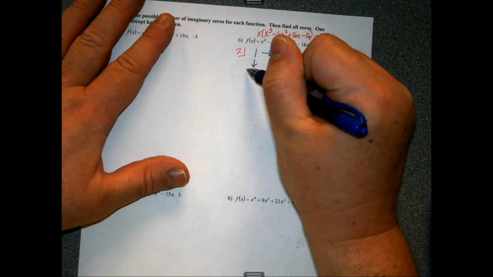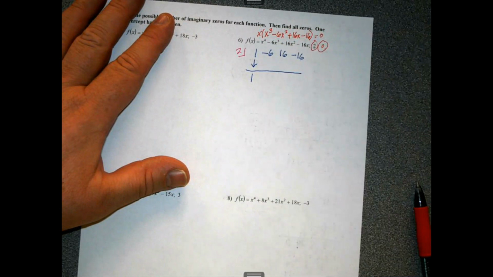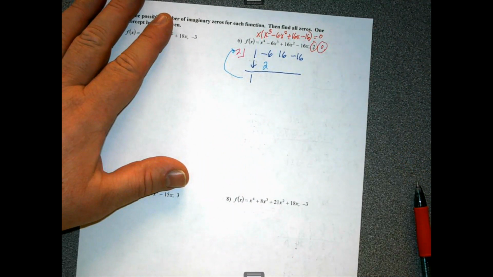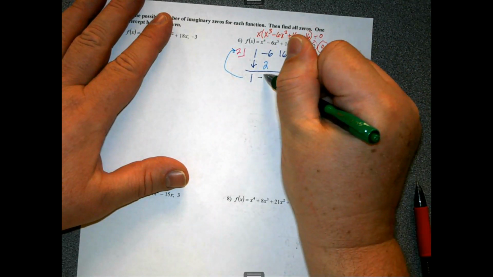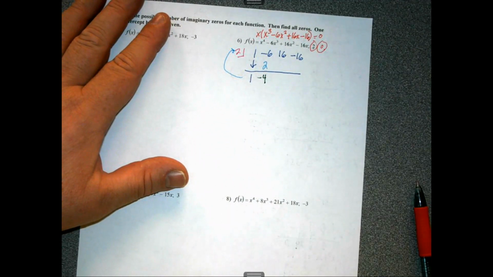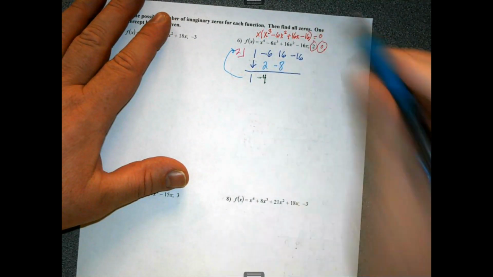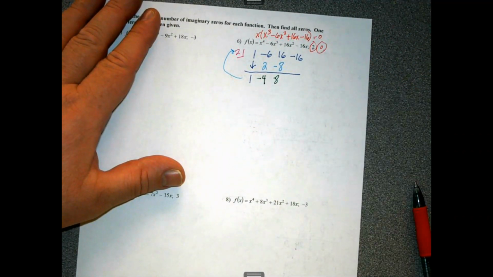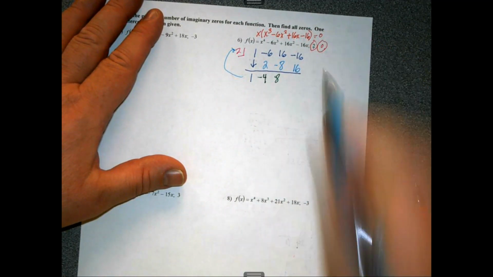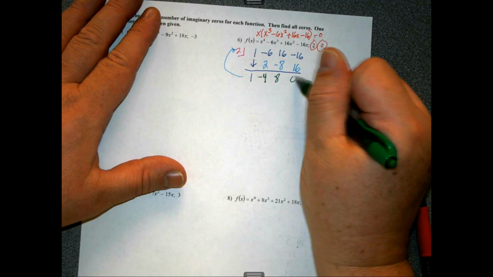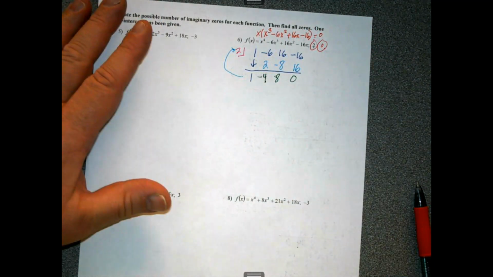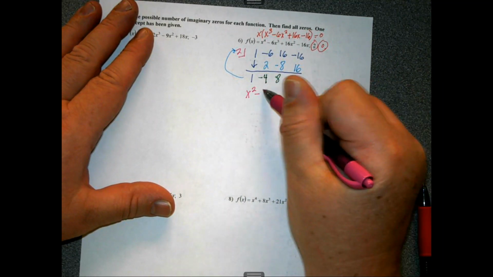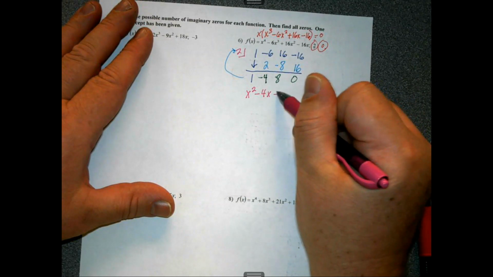Bring down the 1. 1 times 2 is 2 plus a -6, -4 times 2, -8 plus 16 is 8 times 2, 16 plus a -16, 0. See how doing it this way brought me right down to an x squared, a quadratic, fairly quickly.